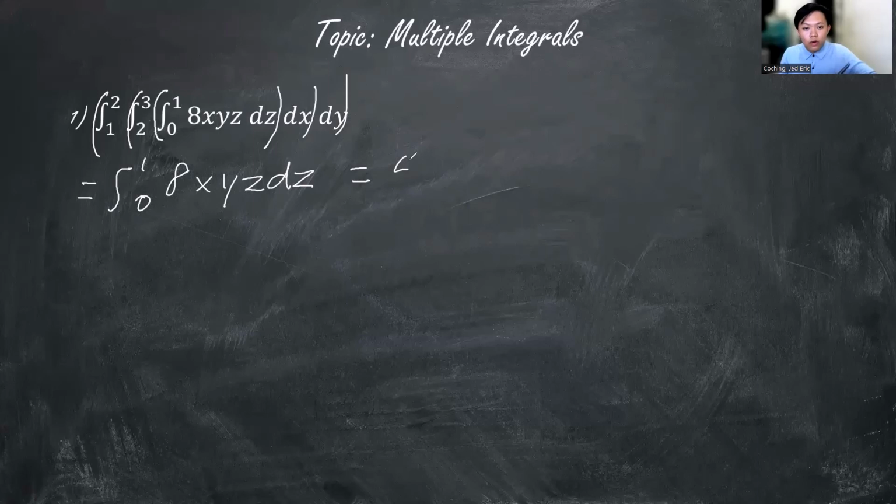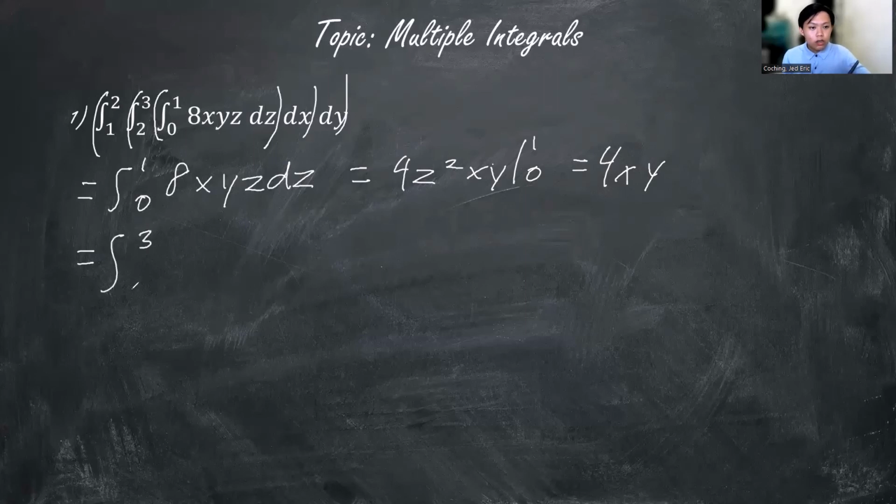It's just going to be 4z squared xy, with limits 1 and 0. Now we can substitute z here, as the integral is by dz. So substituting, it's going to be equal to 4xy. Now, after finding this answer, we can just move on to another integral.